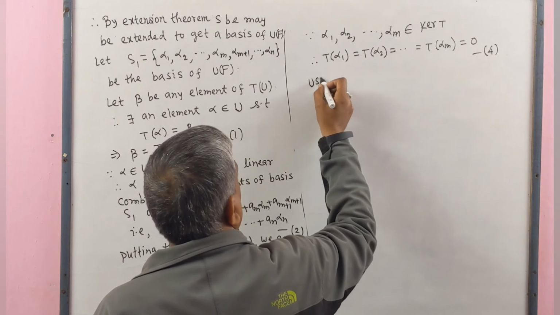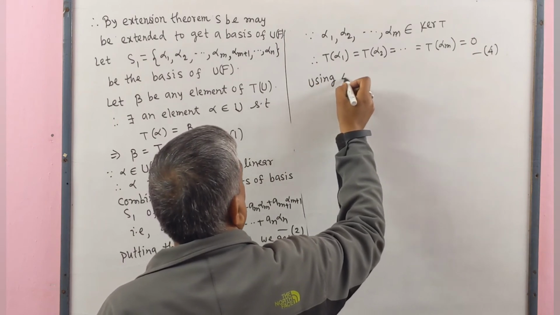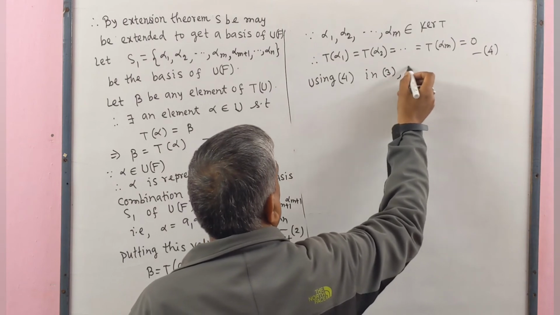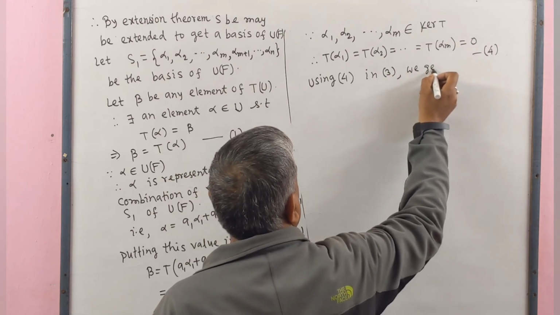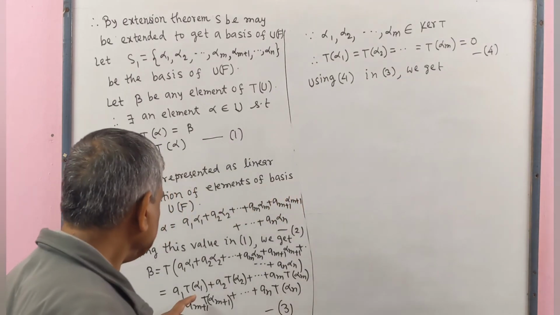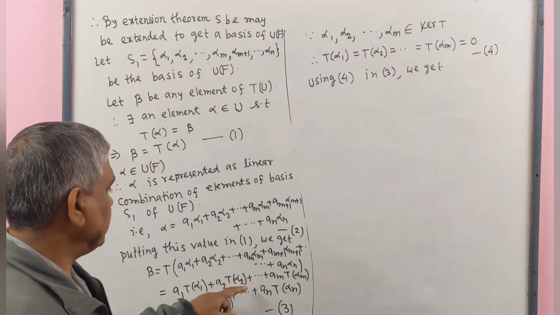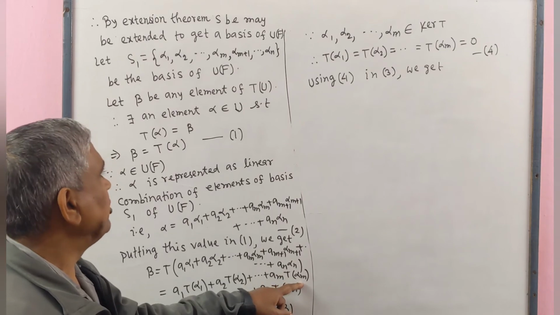Using 4 in 3, we get T alpha 1 is 0, T alpha 2 is 0, T alpha m is 0.